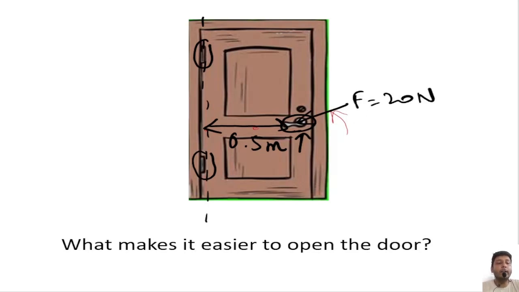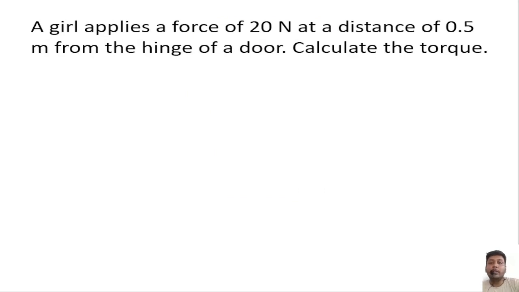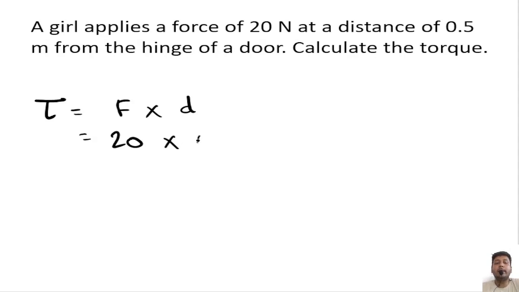I want to calculate the torque applied by the girl. So it can be given by F into D. We just saw the formula. So it will be equal to 20 multiplied by 0.5. So this gives me 10 Newton meter.